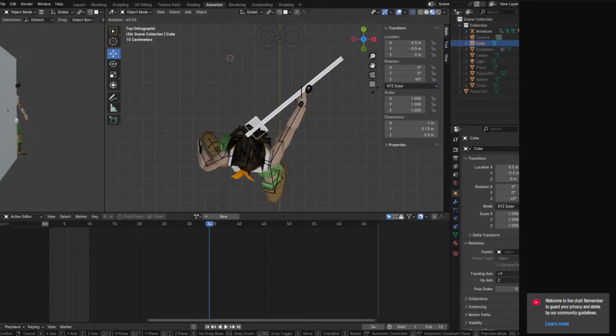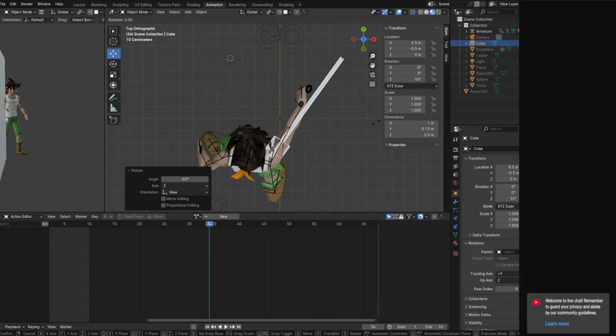Okay, so the door is going to be over here at this point.